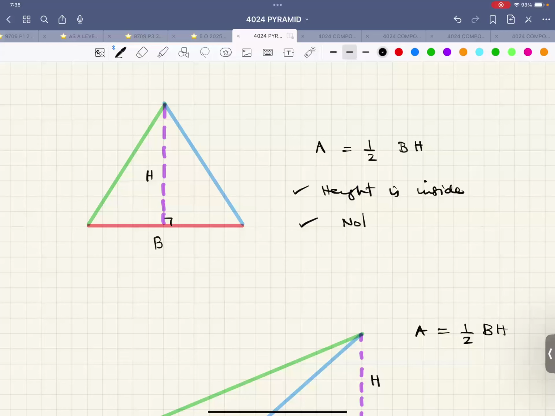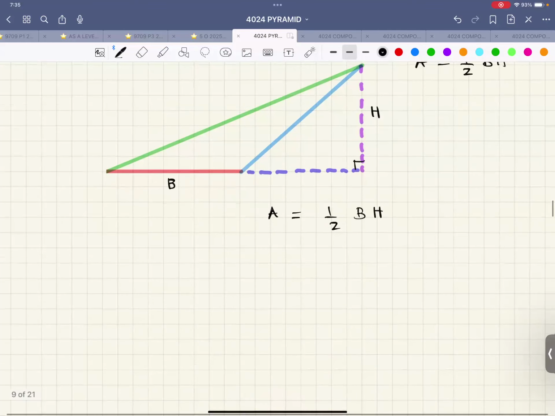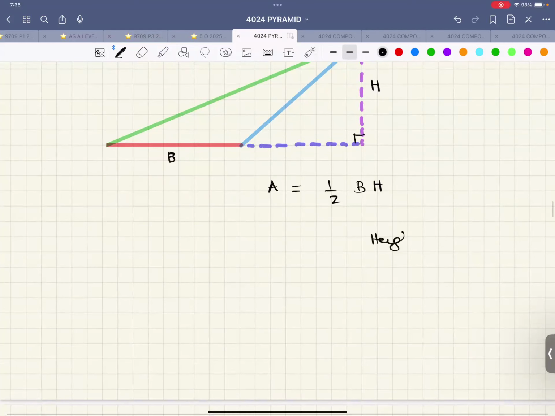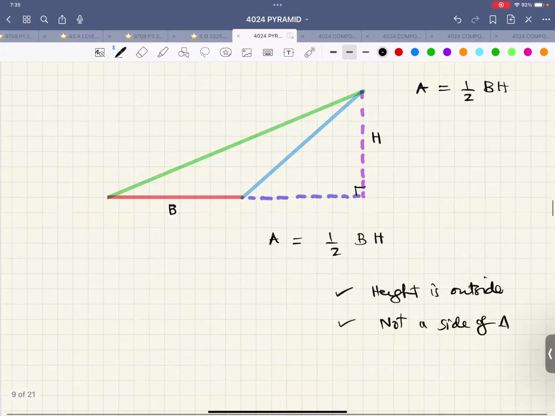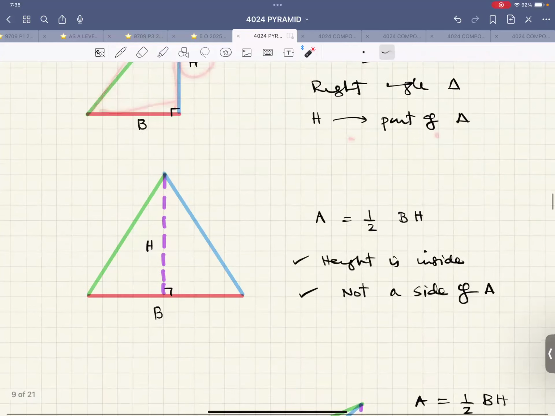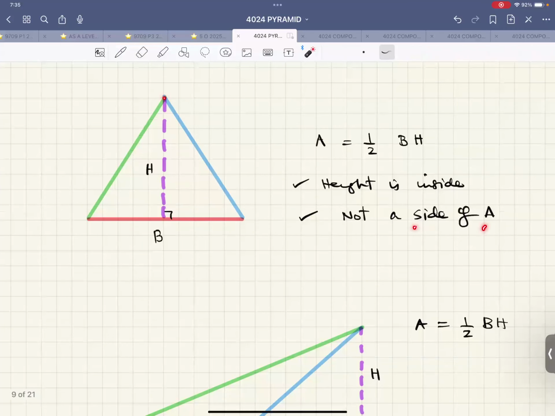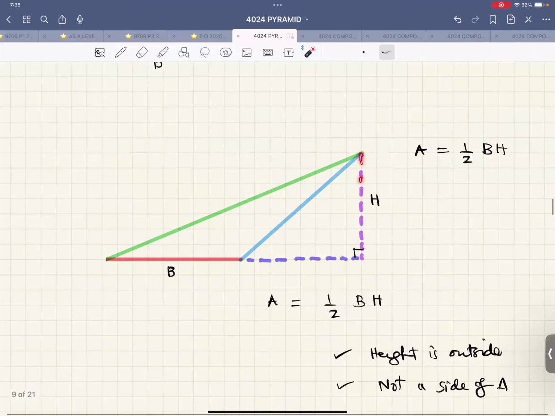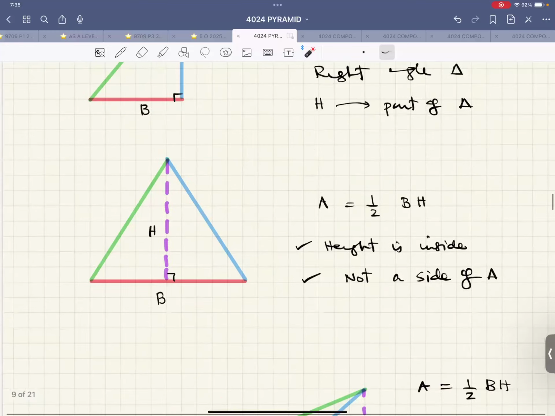Over here, height is outside. It's not a side of the triangle. You get it? This is one of the sides. 1, 2, 3. There are 3 sides. Height is not a side of the triangle. It's just a perpendicular that you have drawn.